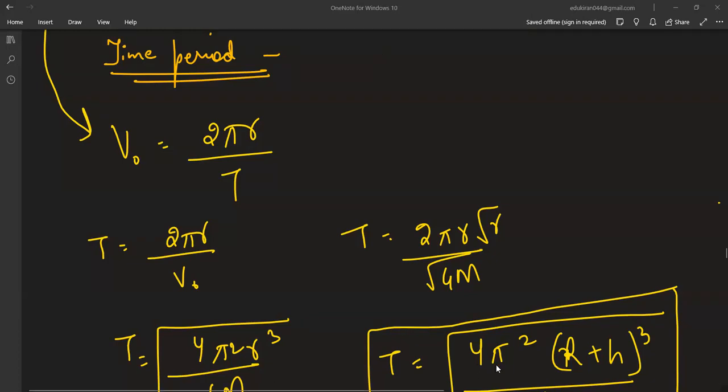Yes, this time period is only applicable for orbiting because the velocity that we have put is orbital velocity. If there is a different velocity, you'll have to start again from the beginning and put that value of velocity.